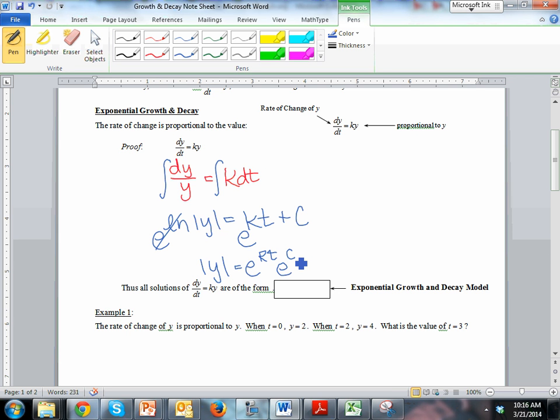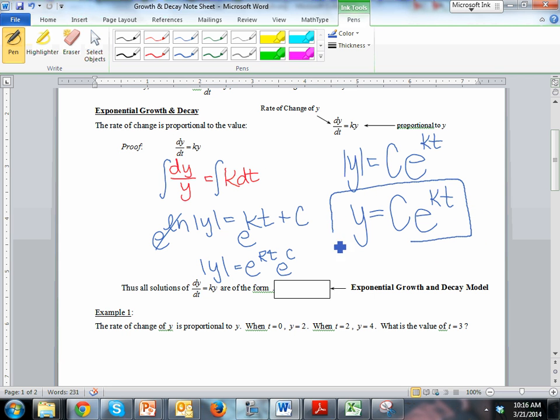Okay? However, e to the c is a constant. So the absolute value of y is a constant times e to the kt. To get rid of the absolute value, we put a plus or minus here. Well, whatever the c constant is, it'll tell us whether it's going to be positive or negative. So we're just going to say y equals c e to the kt. Okay?